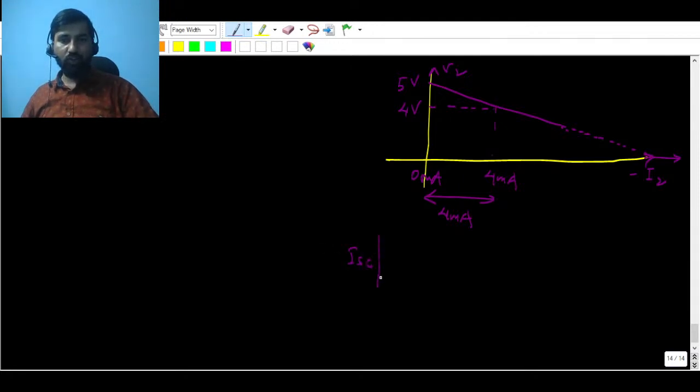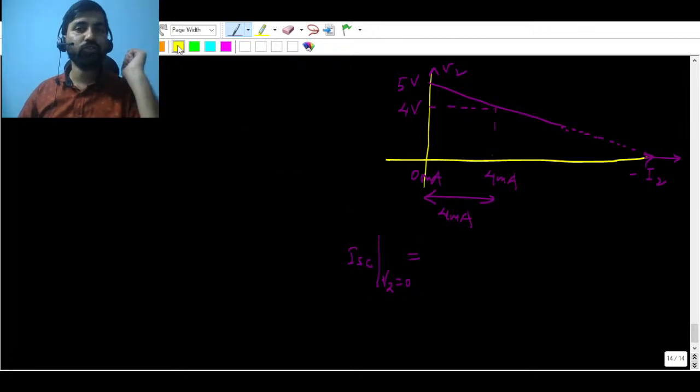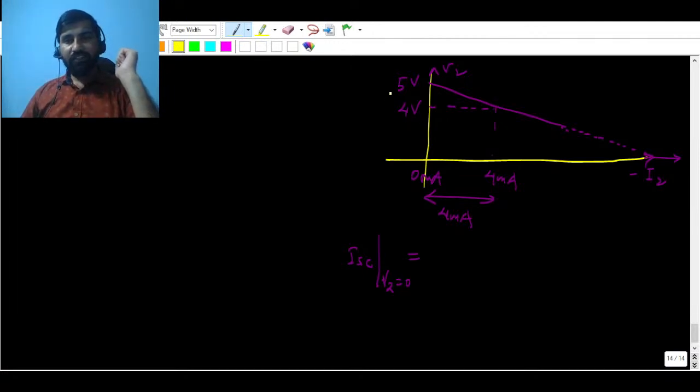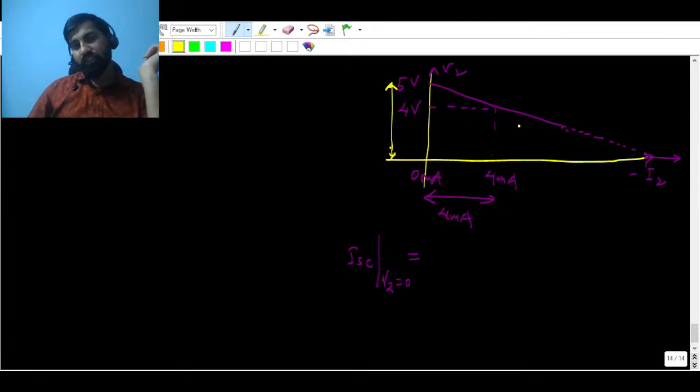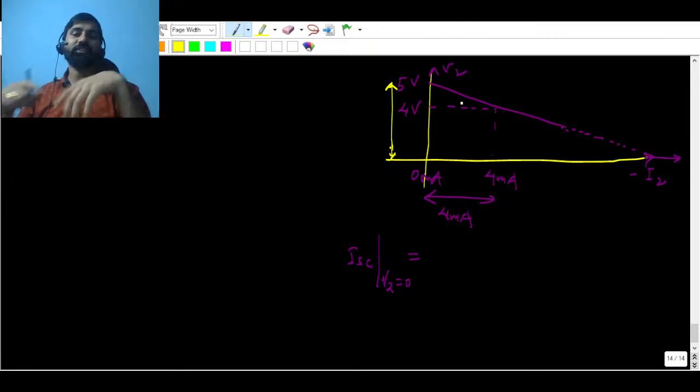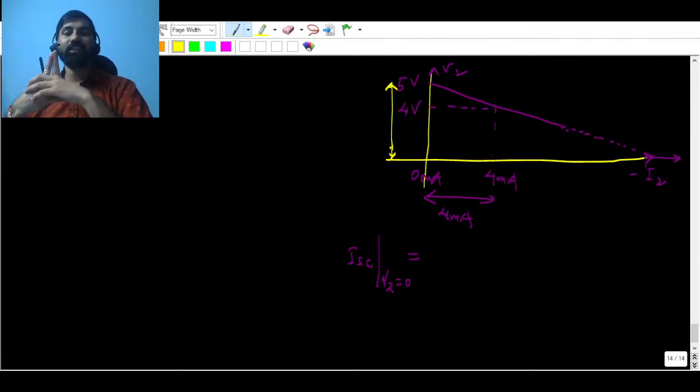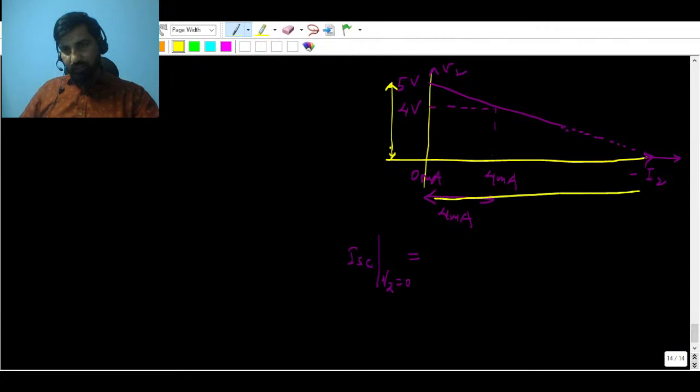Now you can see the change. This slope should always be constant, because the slope is going to give you the resistance. V2 upon I2 will give you the RTH. So you have to see what the change is from here to here, and from here to here.